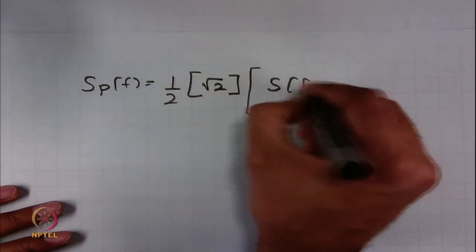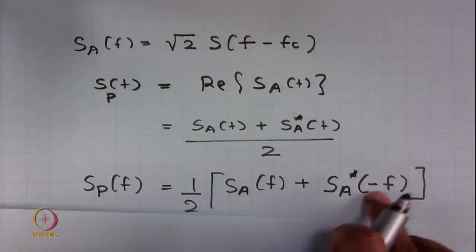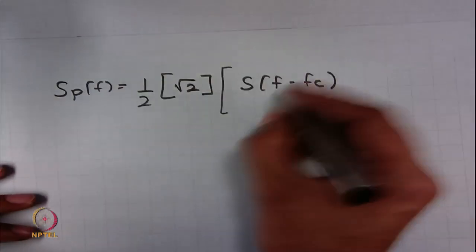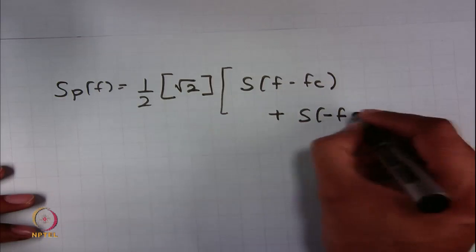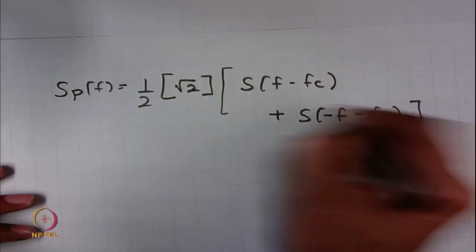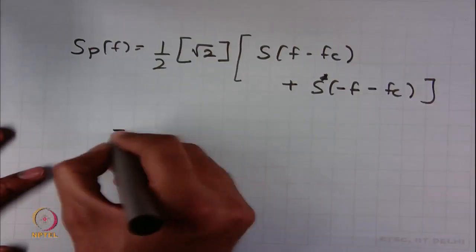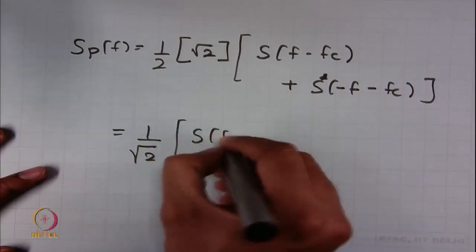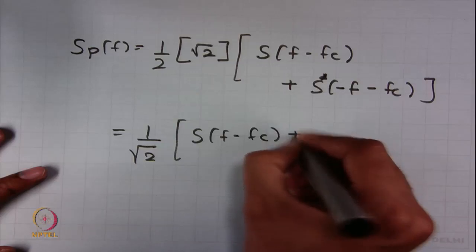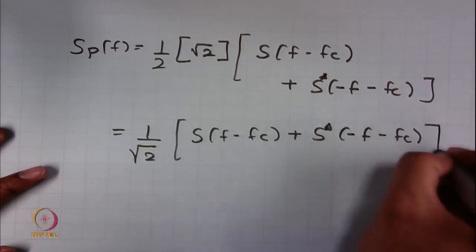So, this would be S(f - fc), and then Sa(-f) conjugate, so this would be S of minus f. So, f becomes minus f minus fc, and this quantity comes with a conjugation. So, what we have then is 1 by root 2 times S(f - fc) plus S conjugate(-f - fc).